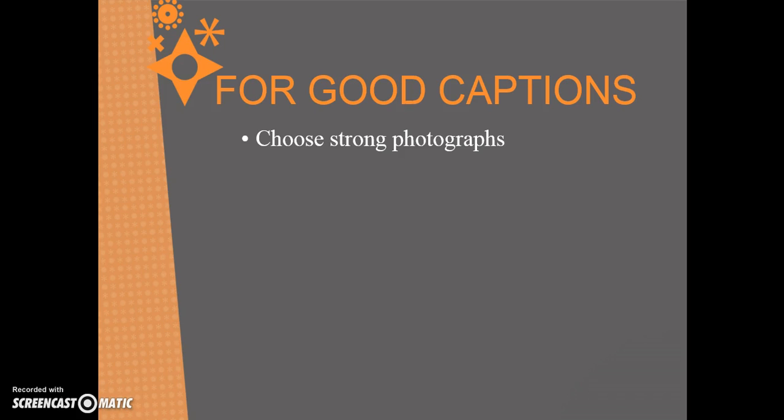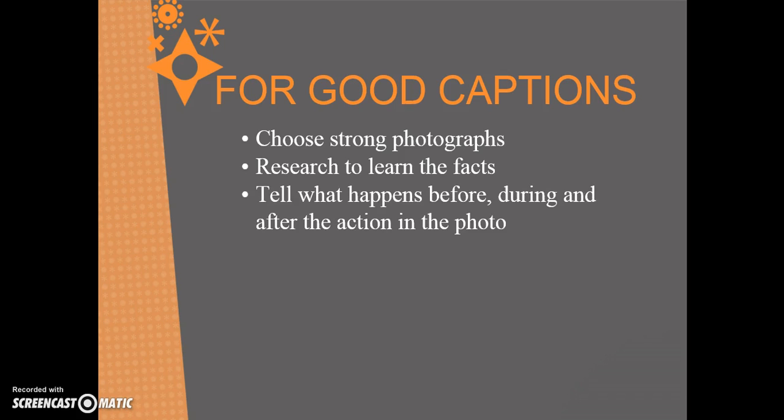All right, so for good captions, make sure that you always choose strong photographs. Research to learn the facts. Tell what happens before, during, and after the action in the photo. Include the 5 W's: who, what, when, where, why.